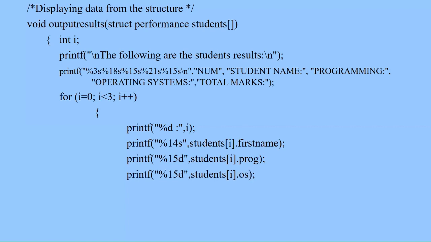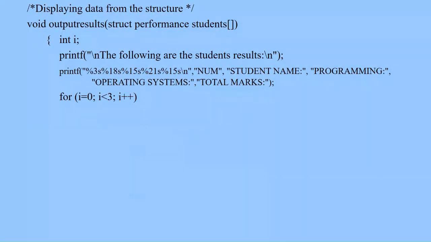Then the value in students 0.os, we display formatted 15 spaces. And then we display the students 0.total, whatever is there, we display it for that student's total. Then we drop one line, or we print out one line. Then we increment the value of I with 1.